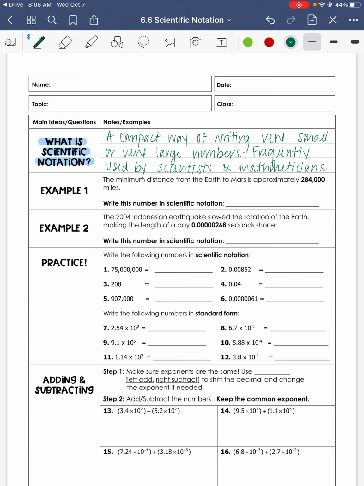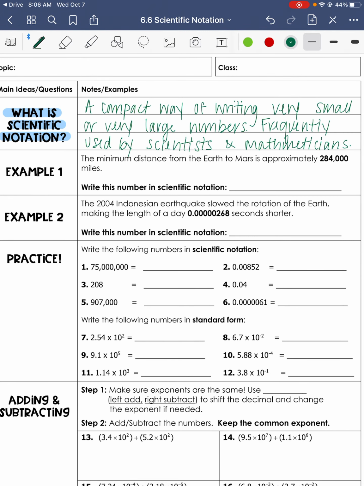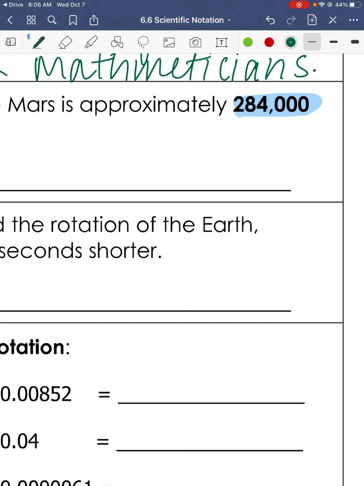Okay, so let's review writing in scientific notation. We're looking here at the distance from the Earth to Mars. It's approximately 284,000 miles. To write this in scientific notation, as you remember, our decimal is going to start on the very end here, and we want to move it over until the decimal is in a place where we get a number between 1 and 10.